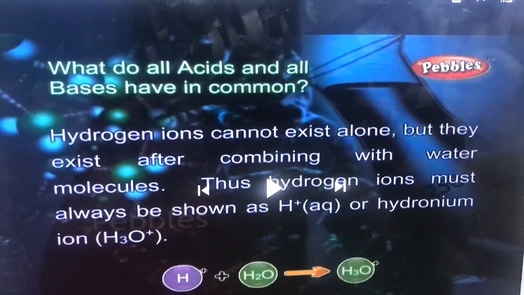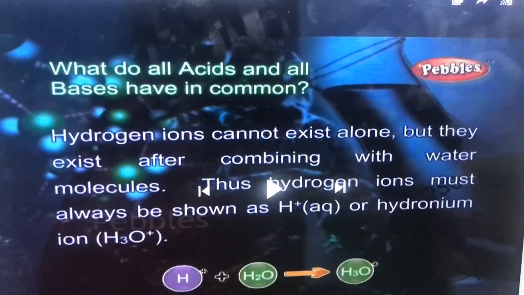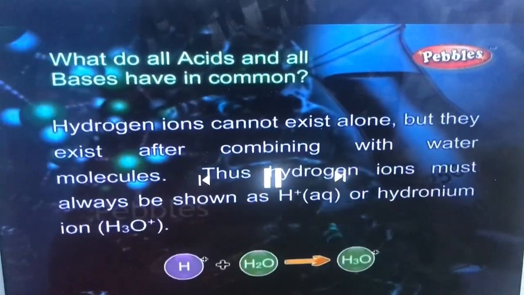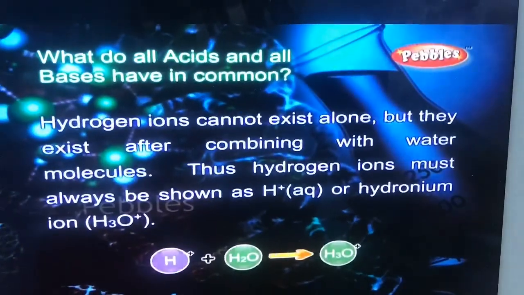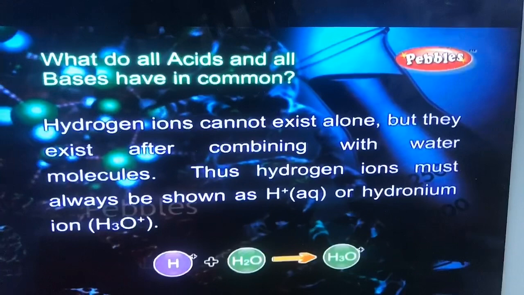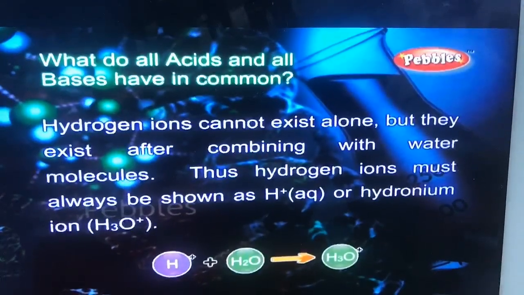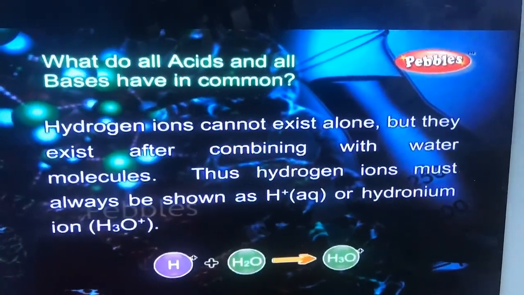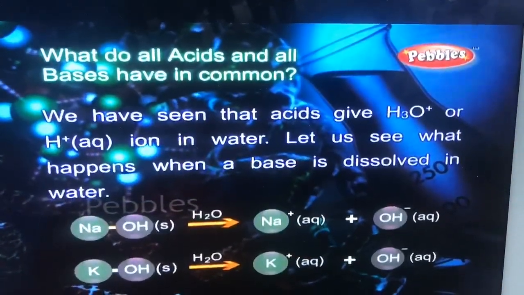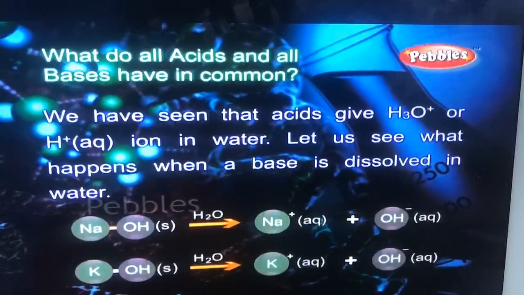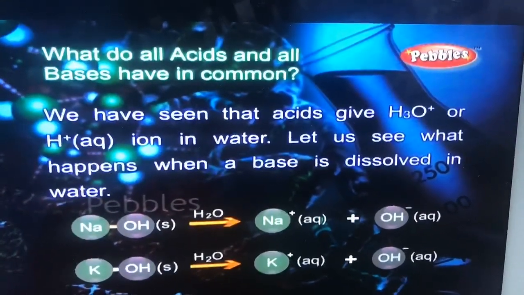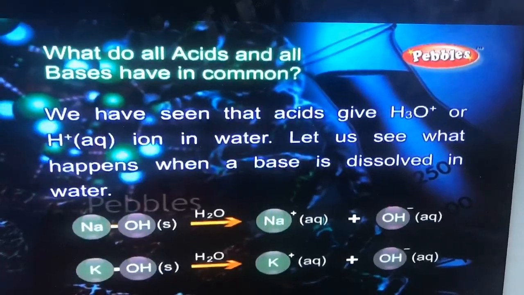Now students, I would like to tell you how acids behave chemically. Hydrogen ions must always be shown as H+ (aq) or hydronium ion H3O+. H+ plus H2O gives H3O+. We have seen that acids give H3O+ or H+ (aq) ions in water. Let us see what happens when a base is dissolved in water.